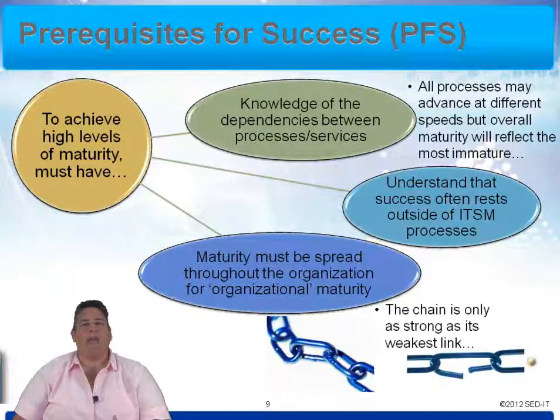You've all heard the adage, the chain is only as strong as its weakest link. Again, this goes back up to the level of maturity within a process. You cannot say that you're at a level 5, which is the highest level of maturity, when you still do not capture all events within a process as demanded by the process documentation.